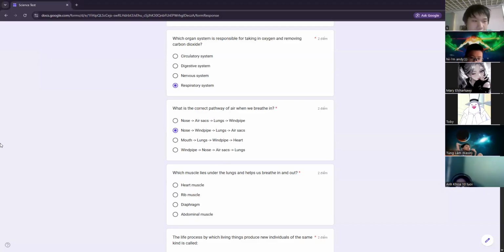The diaphragm is this. Imagine these are the lungs. Sorry for the bad drawing. The diaphragm would be this thing below the lungs that will basically assist you to breathe with the lungs. Anyways, so it's the diaphragm.